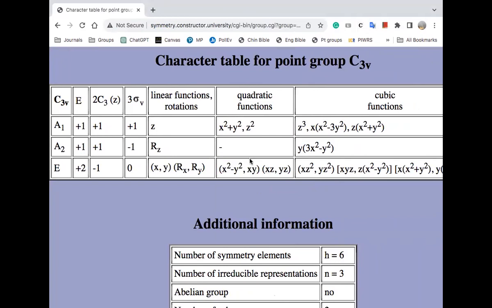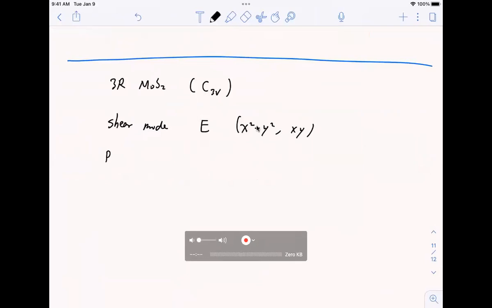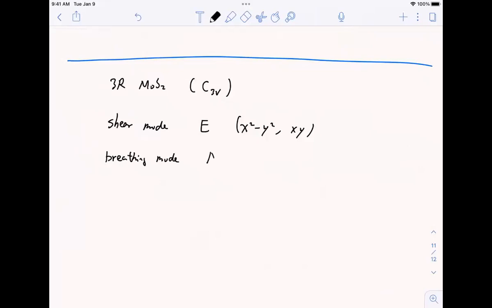For the breathing mode, it will be this one, because the breathing mode just vibrates vertically, like a Z vector. So it is A1 mode. The breathing mode will be A1.